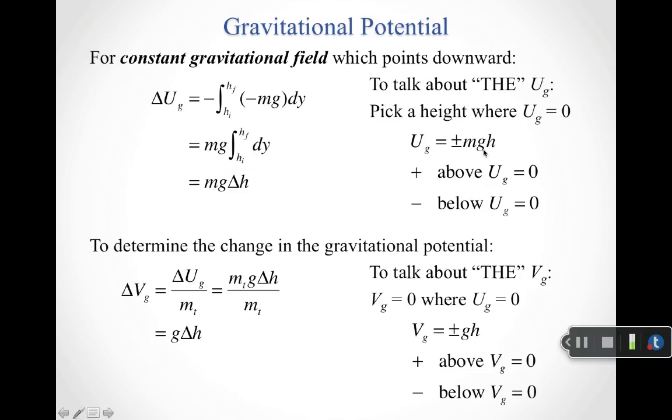The potential energy cares about not just the field generated by the source mass and where you are in that field, but also the second mass that you put there. So if I double the mass that I place at the same spot, I actually double the gravitational potential energy. But I haven't done anything to change the potential because I'm still at the same place within my gravitational field.